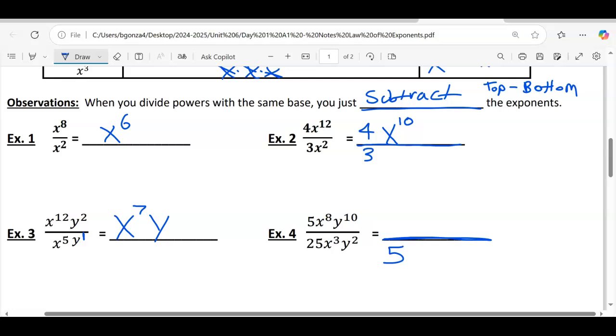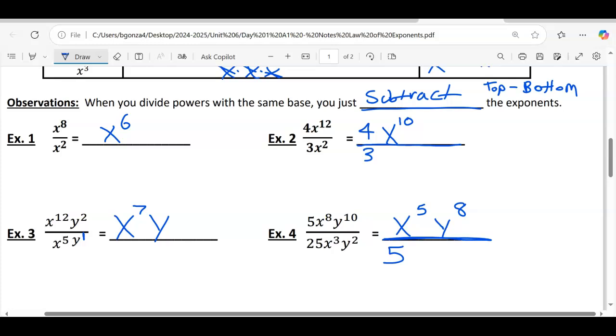So here we go. I got an x on top and bottom, so I'm going to subtract top minus bottom. 8 minus 3 is x to the 5 power. And then y to the 10th over y to the 2nd power. 10 minus 2 is 8. Okay.